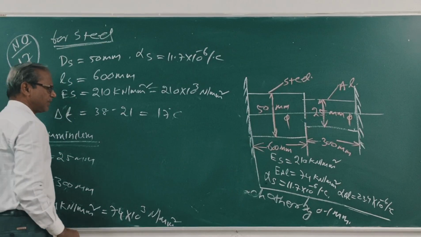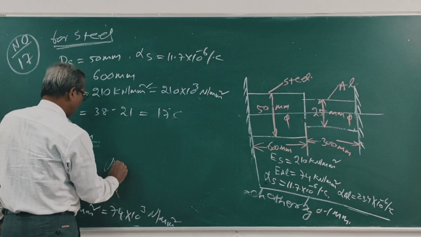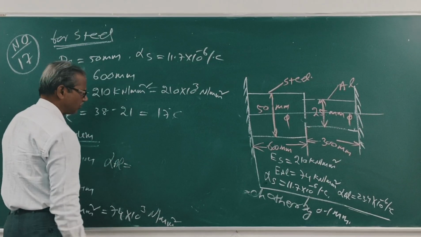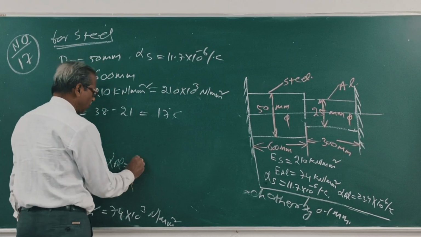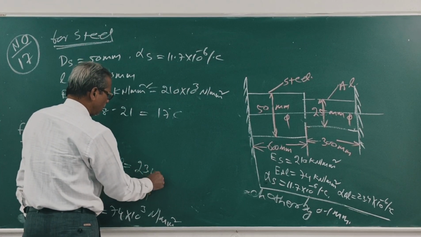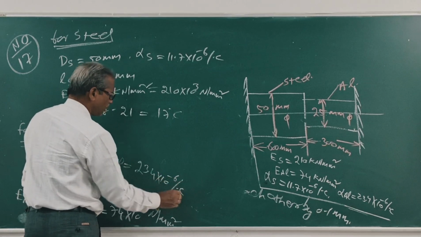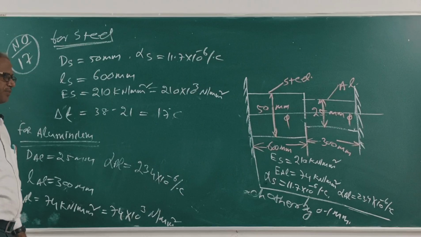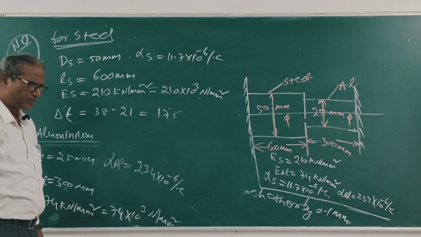Clear? Similarly, alpha aluminum is equal to 23.4 into 10 to minus 6 per degree centigrade. This is given data. Now find the stress.